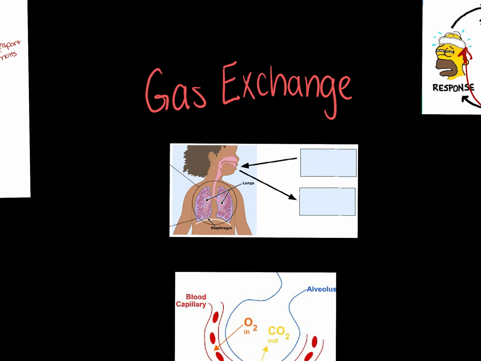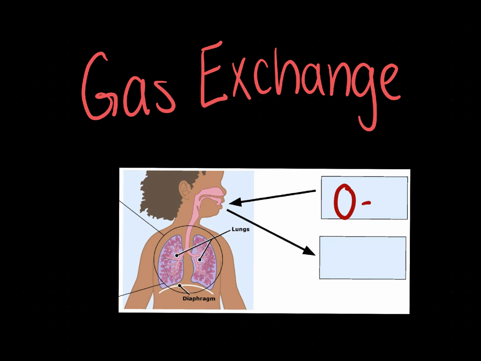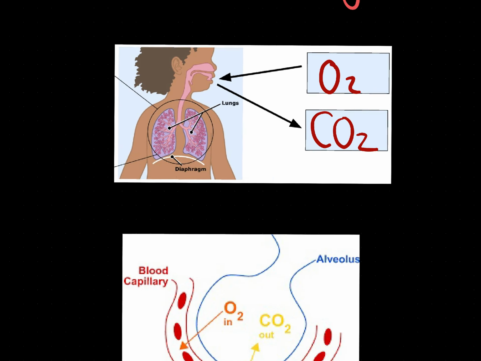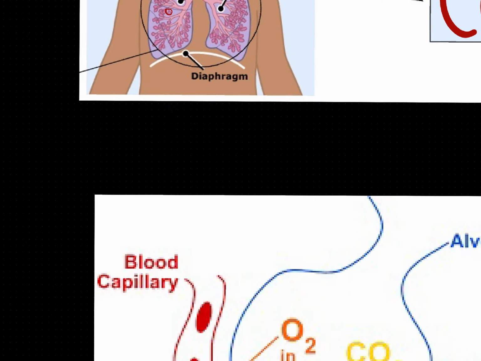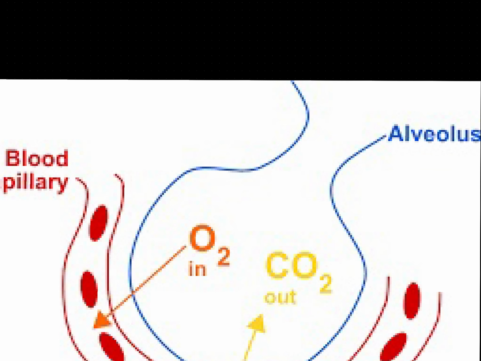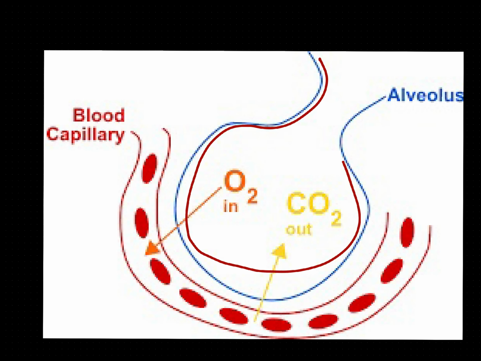Another one, of course, is gas exchange. We need to keep our oxygen levels in our blood correct. So we breathe in oxygen, and then it goes into our lungs here, into all these little alveoli. In the alveoli, we have our oxygen in our lungs, and it diffuses into our blood.